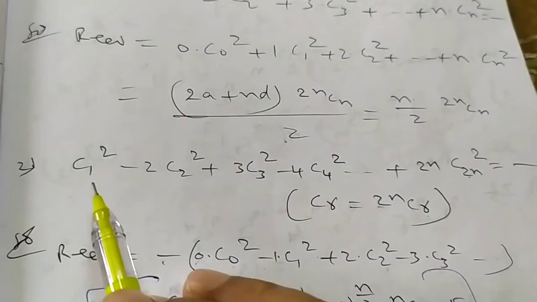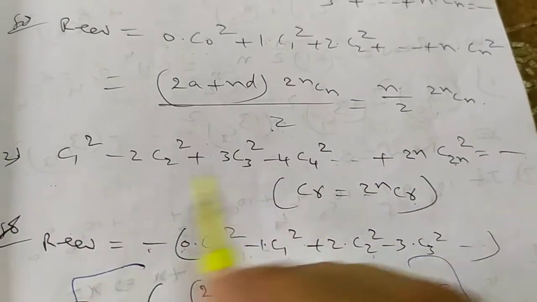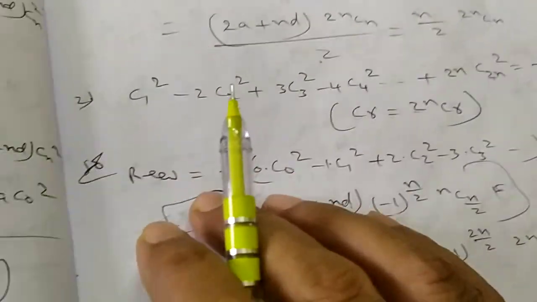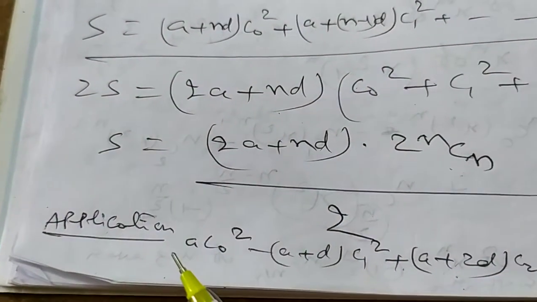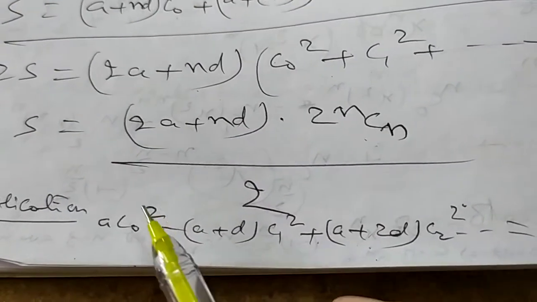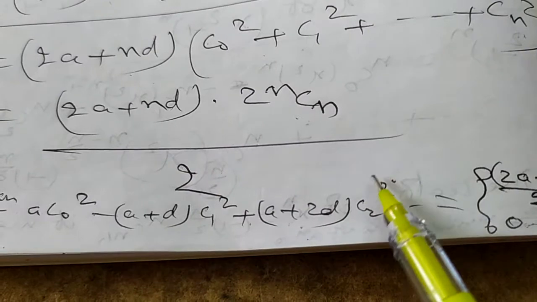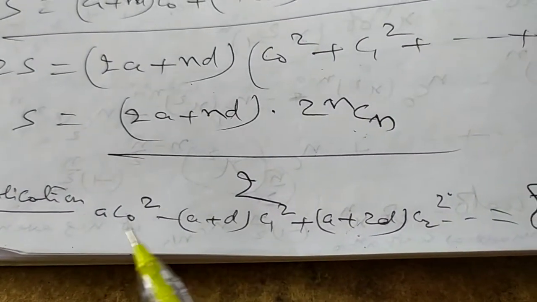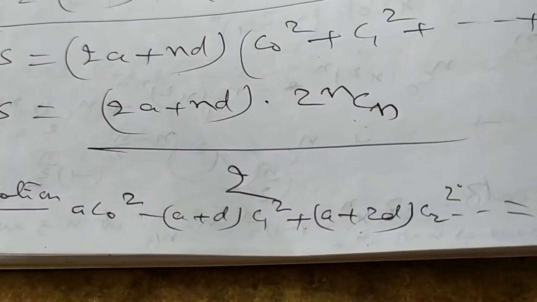Next is a similar problem. Coefficients are in AP and alternating plus or minus terms. So then there is an application. See, the application of this one: formula for a c0 square minus a plus d c1 square plus a plus 2d c2 square. So coefficients are in AP and alternating plus or minus signs.